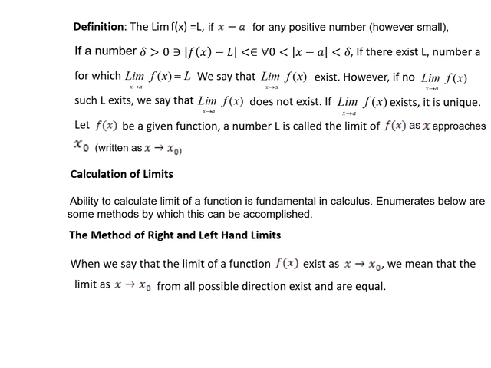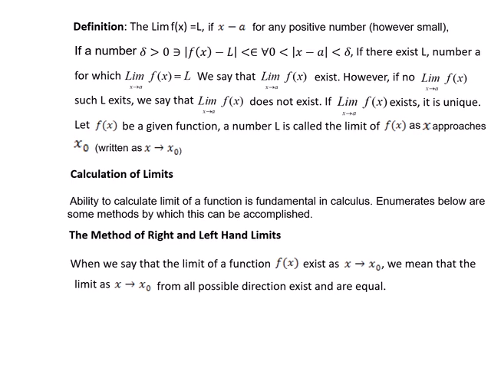This is the definition of limits. The limit of f of s is equal to L if for any positive number epsilon, however small, there exists a number delta greater than 0 such that modulus of f of s minus L is less than epsilon, for all 0 less than modulus of s minus a less than delta.